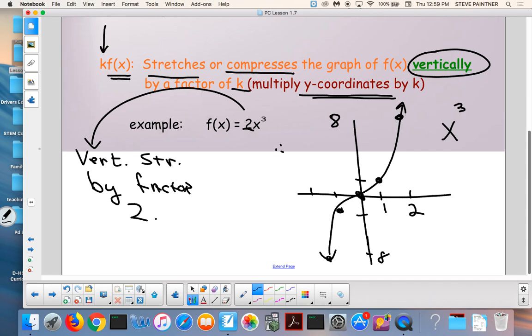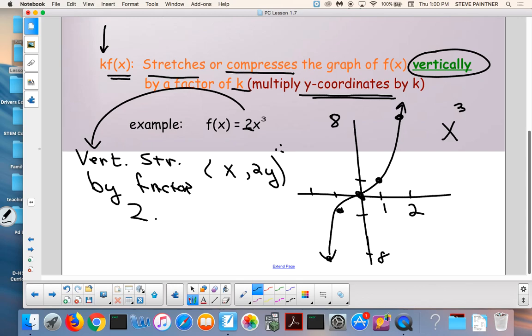Okay. Well, how do we do it? It says right here, multiply all your y coordinates by K, which is 2. So really take every one of these points on this graph, and multiply the y by 2. That's what you're thinking in your head, right?